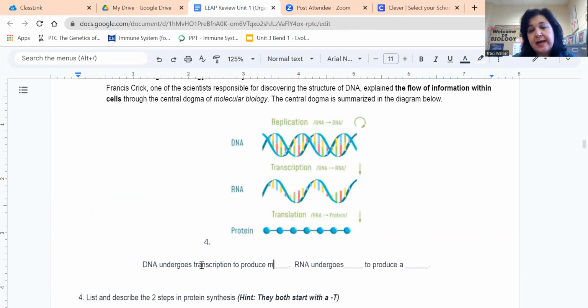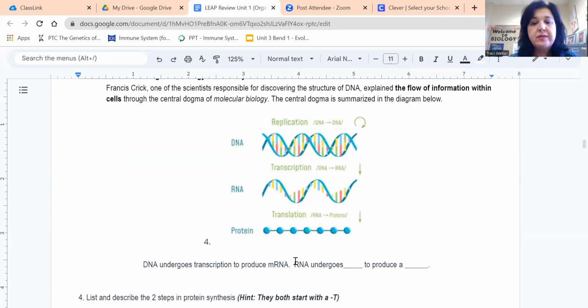And there's a specific type of RNA that is produced here in this process. It's called messenger RNA. So we just put the little M in front of the messenger RNA, and that tells us the type of RNA. And we'll get into the different types of RNA later, but just know that that particular type, the one that is made in transcription, is called messenger RNA.